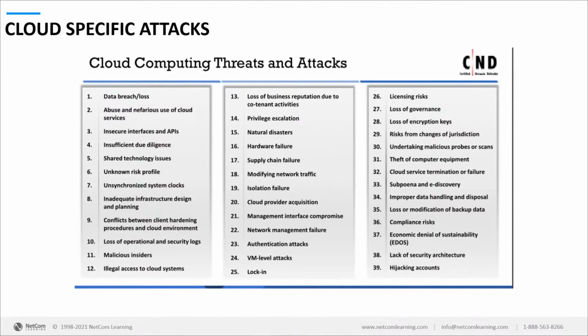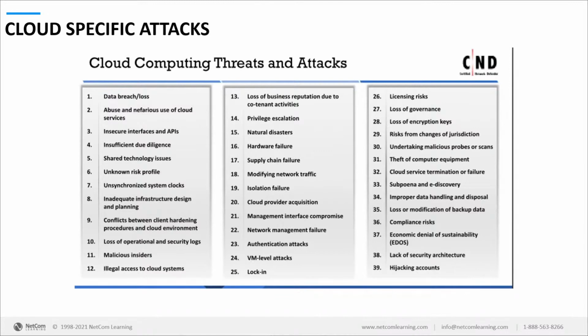Or what if my co-tenant is brought in for some type of e-discovery for kiddie porn? How is that dealt with? This is all stuff that's dealt with in your service level agreements, and this really comes under what we consider cloud service provider security.